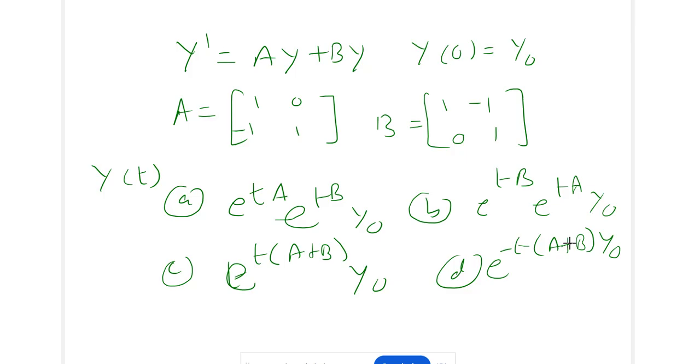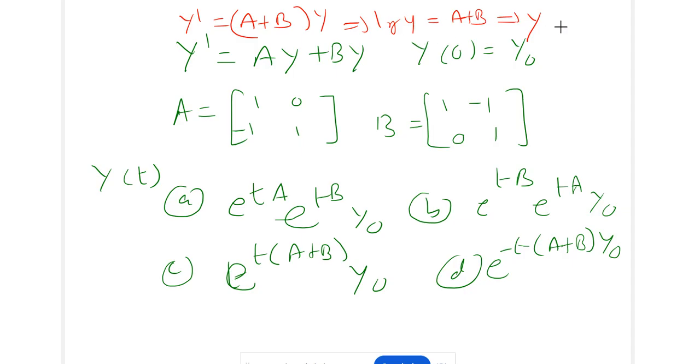So y dash here is defined as Ay plus By. A is a 2 by 2 matrix with some entries. From this, y dash of t we can define as (A plus B) into y. From y dash equal to (A plus B) y, dividing by y, log y equal to (A plus B) t plus some constant c.